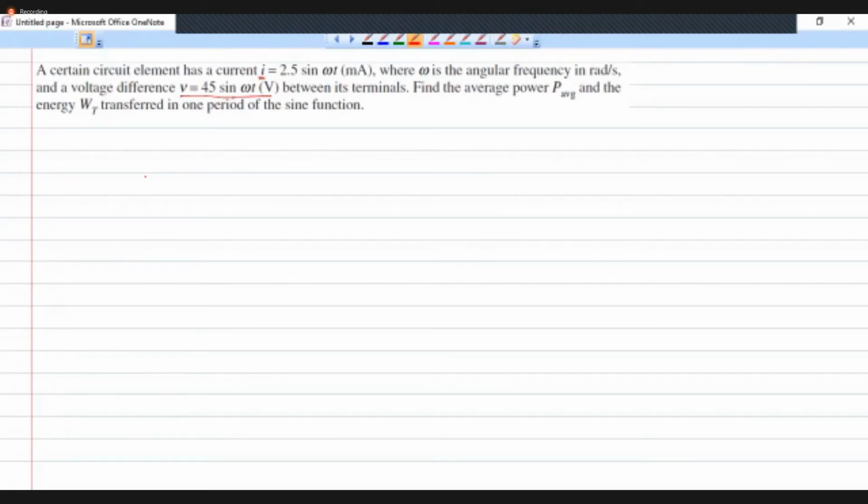So how can we find the average power? P average is nothing but the total work done divided by time. So what is the work done here?